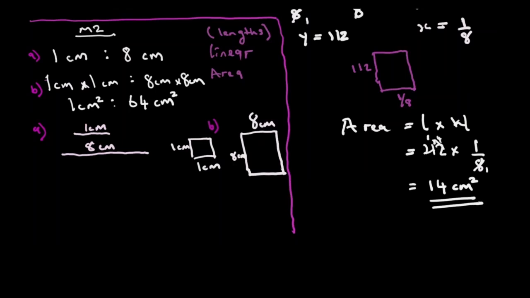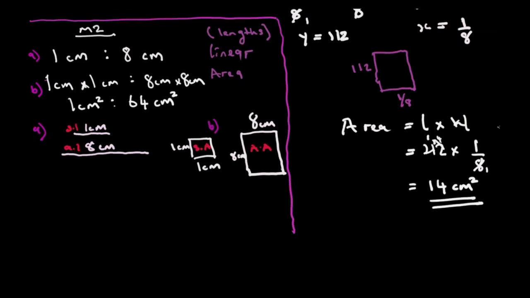So this will be our scale length, and this will be our actual length. This will be our scale area, and this will be our actual area. If we multiply 1 centimeter by 1 centimeter, it gives 1 centimeter square. We multiply 8 centimeters by 8 centimeters, it gives 64 centimeters square.